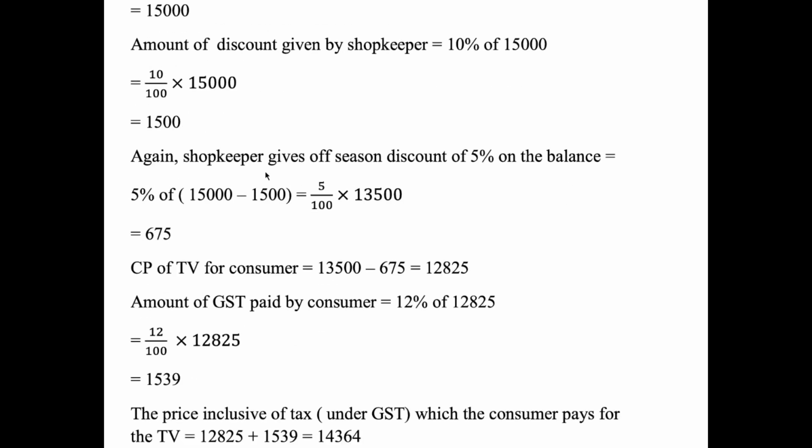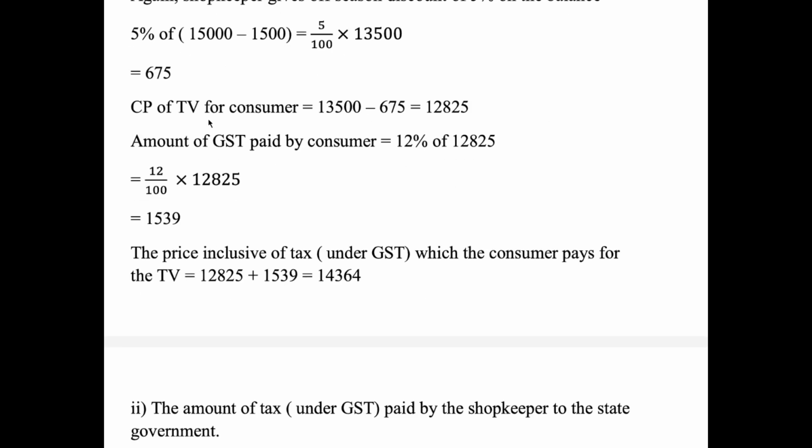Now come again, the shopkeeper gives an off-season discount, that is 5% on the balance. 5% of 15,000 minus 1500 is equal to rupees 675. CP of TV for the consumer, that is 13,500 minus 675, comes to 12,825.